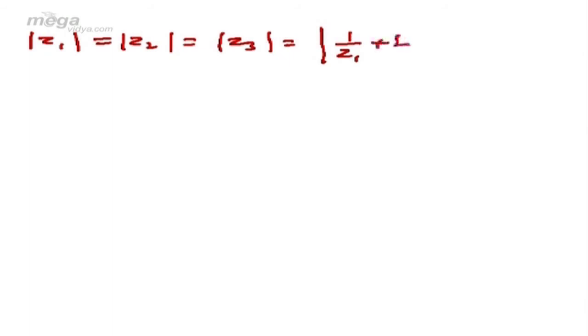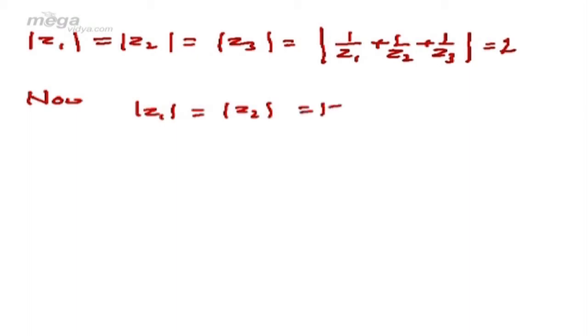Now we are given mod of z1 is equal to mod of z2 is equal to mod of z3 is equal to mod of (1 upon z1 plus 1 upon z2 plus 1 upon z3) is equal to 1. Now mod of z1 is equal to mod of z2 is equal to mod of z3 is equal to 1.